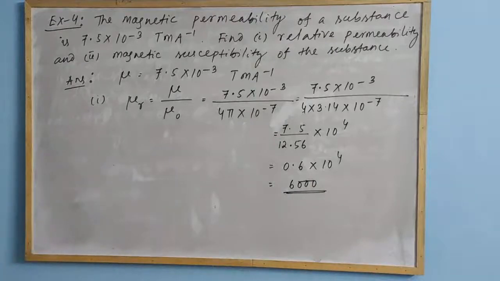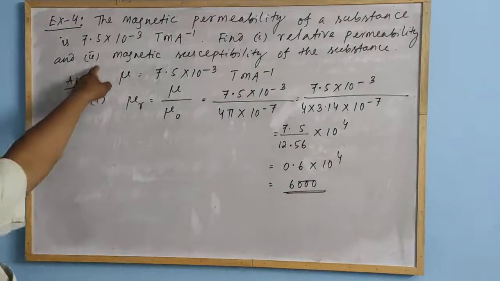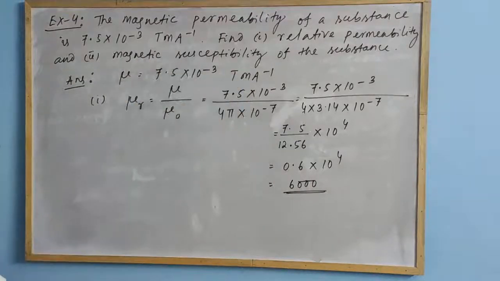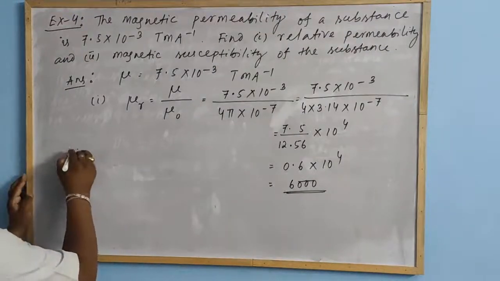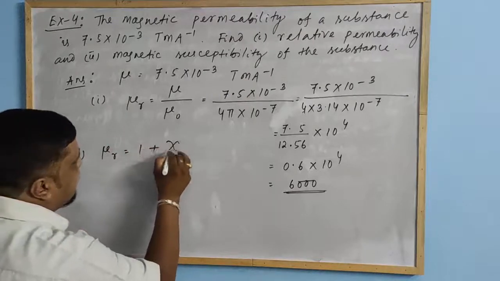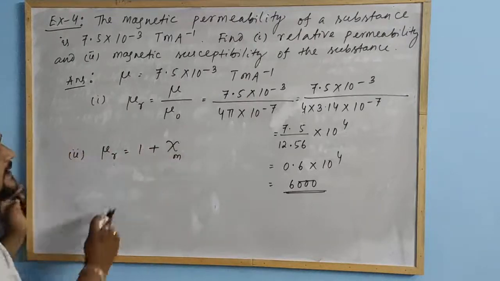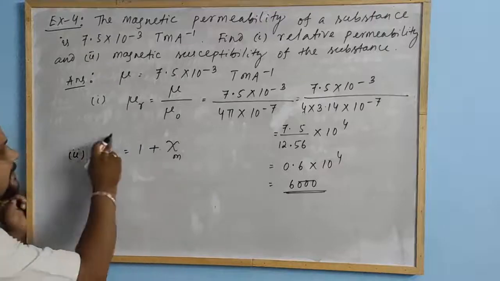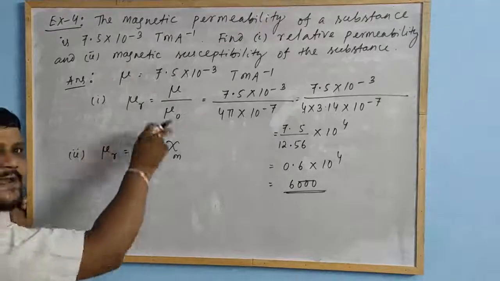Clear? Then next, part 2. Magnetic susceptibility of the substance. Already you know the formula. Relative permeability and susceptibility: 1 plus chi m. 1 plus magnetic susceptibility equal to relative permeability. You have already derived this one.